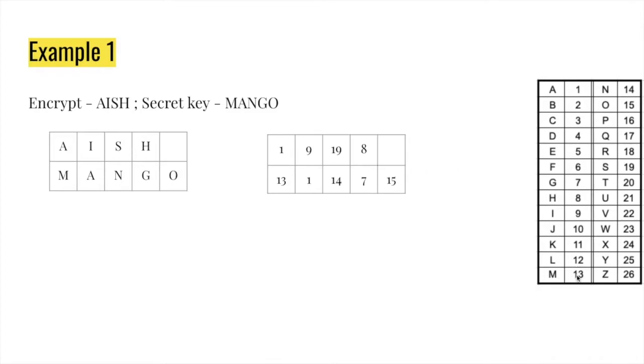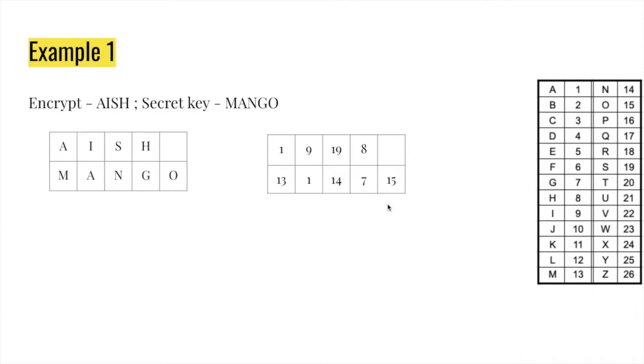M stands for 13 here. A can be written as 1, N can be written as 14, G can be written as 7, and O here can be written as 15. But we don't really need this letter because we don't have any message to encrypt. So moving forward, we are going to keep this value blank.